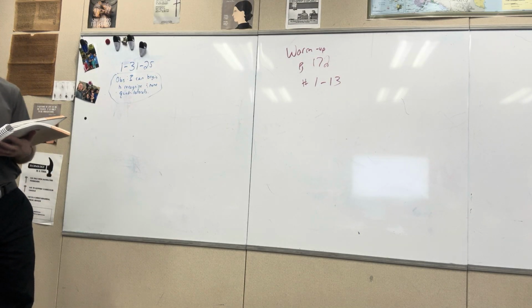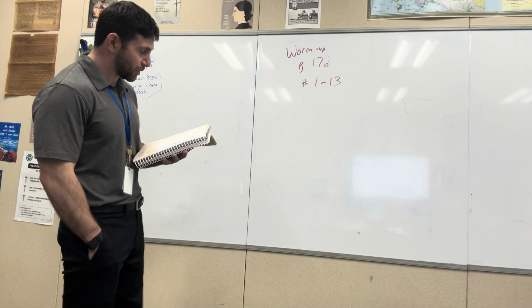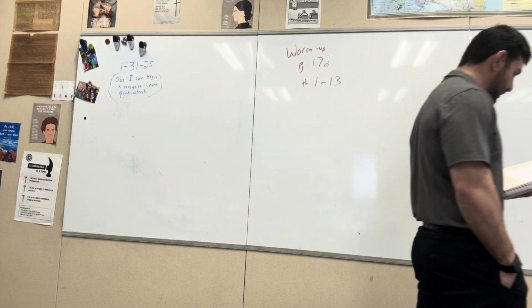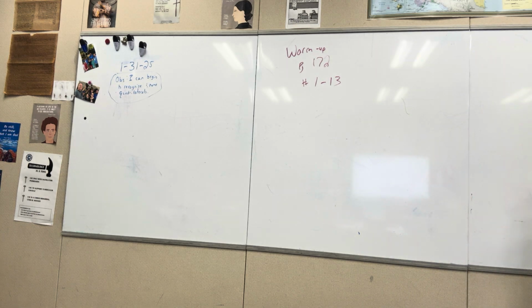Number 5, the measure of angle ABD: if BD is perpendicular to AC and the measure of angle BCE is 125, then the measure of angle ABD is 35. And number 6, DC is 12. Are there questions on 1 through 6?